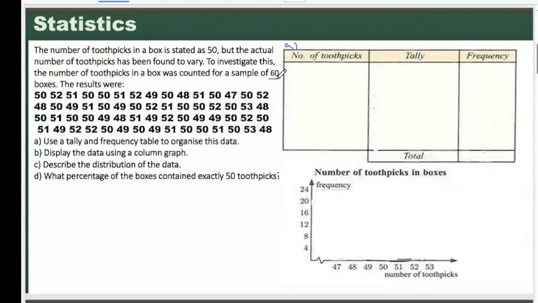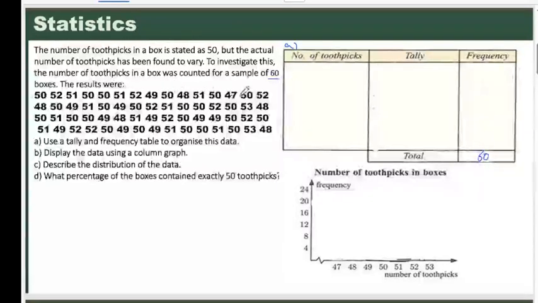The total of my frequency would be the total number of boxes that I am investigating, to see how many toothpicks are in each box.